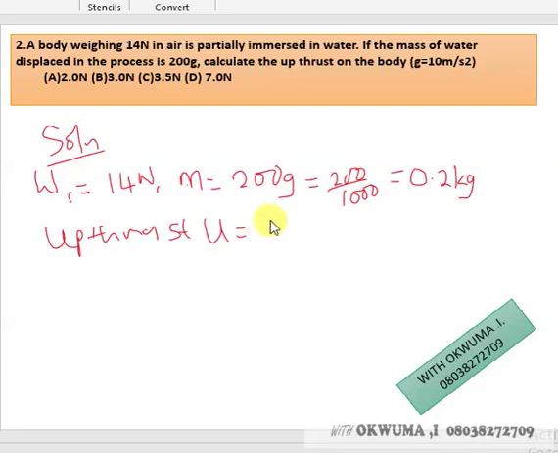You change the mass to kilogram, 0.2, times g, to make it a force. That is times 10. So our upthrust, 0.2 times 10, gives us 2 Newton. And that is option A. We move over to the next question.